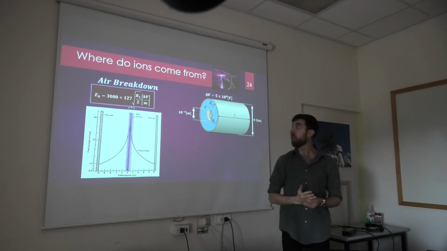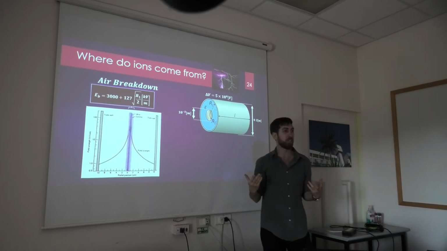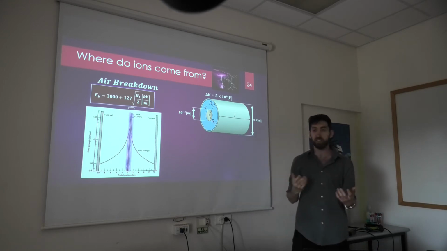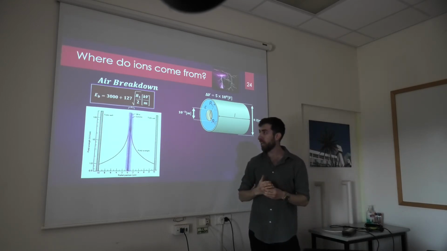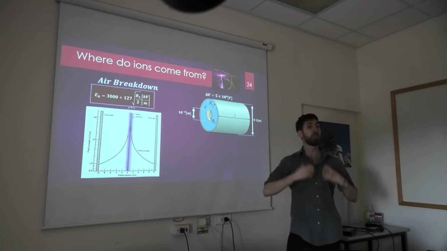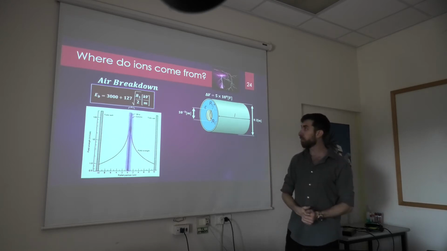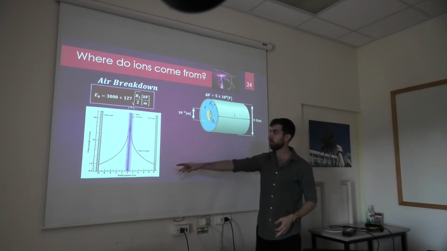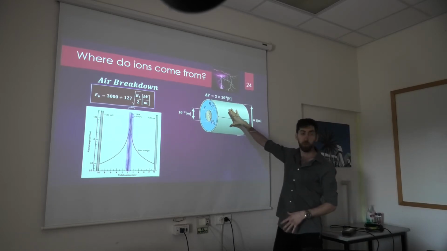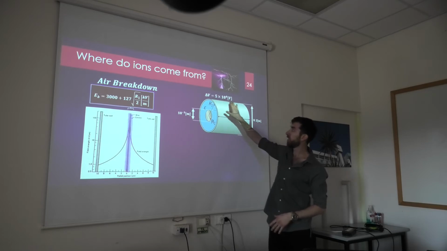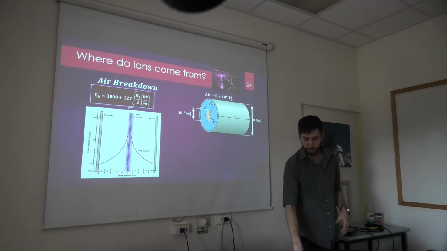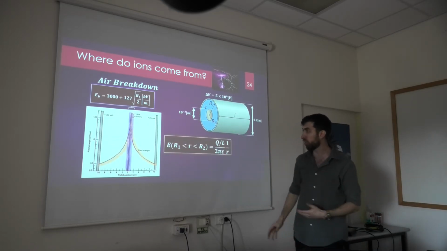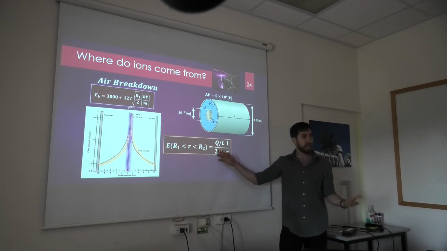So the concept is, when we have this corona discharge, we affect the air and produce ions in the air. For example, here you can see a kind of capacitor, with an outside tube and an inner tube. You put a potential difference between them, and using Gauss's law, you can understand the electric field between them.